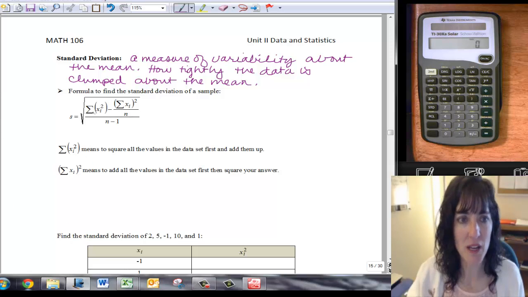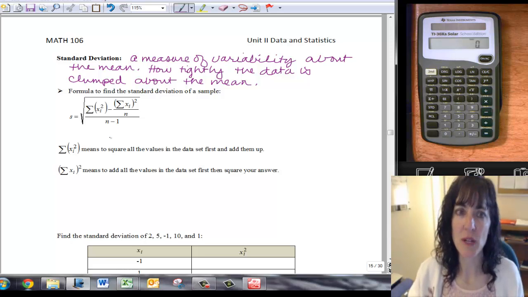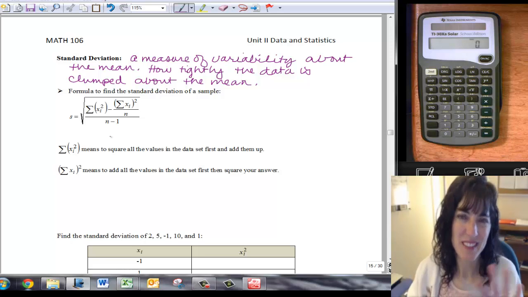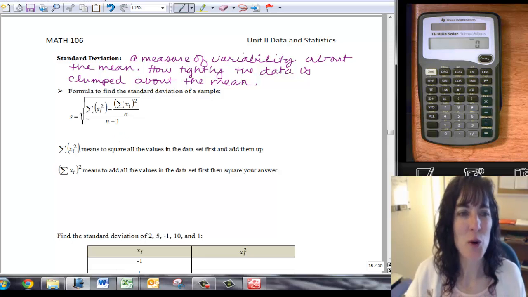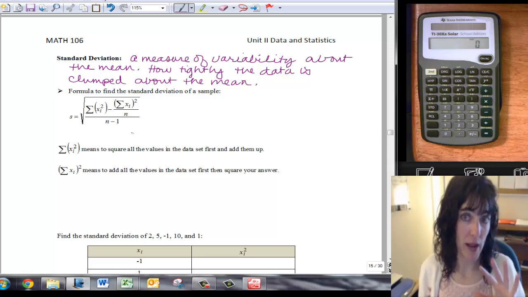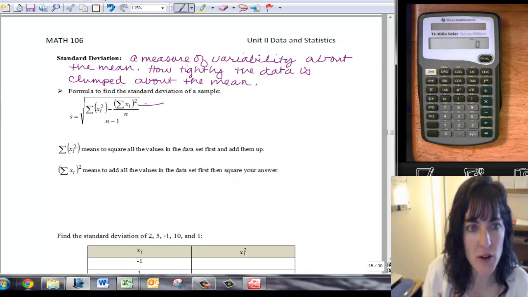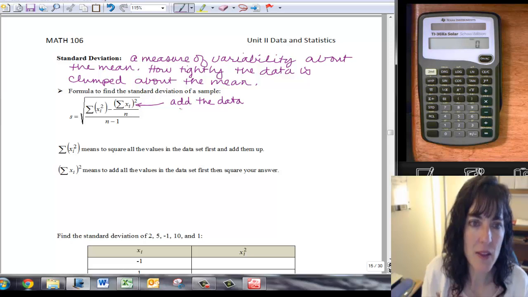is clumped about our mean, and it's derived from finding the difference between each data point and the mean, and then squaring that, and then dividing by how many data points we have in general. So we have this simpler formula which looks a little more complex, but let's unpack it. We know that this part here is telling us add your data and then square.